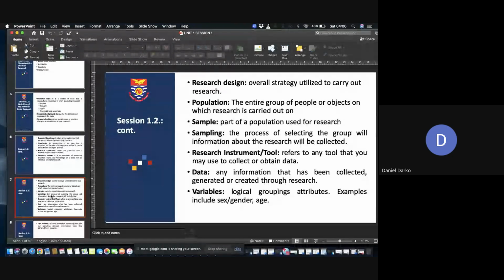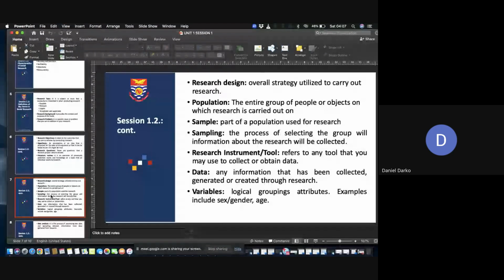Then what is data itself? Data is the information that you have gathered from people, or from the experiment you are doing, or the survey, that has been collected, generated through research. That is data. Then we have variables. Variables are any category that varies with respect to time. It's called a variable.